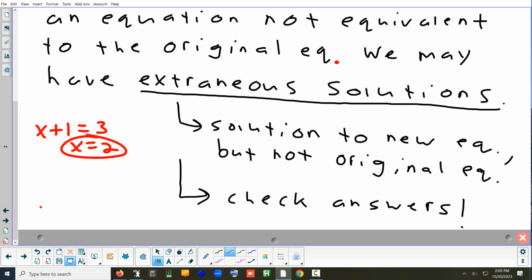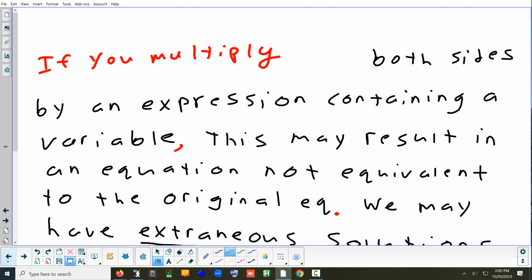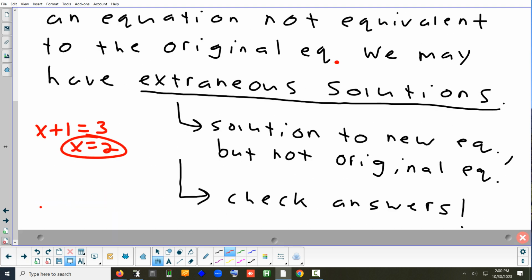Now, let's say you took that equation, and for some reason, which you don't have to do here but you're going to have to do in this next problem, you multiply both sides by a letter. Let's multiply both sides by x. You get x squared plus x equals 3x.